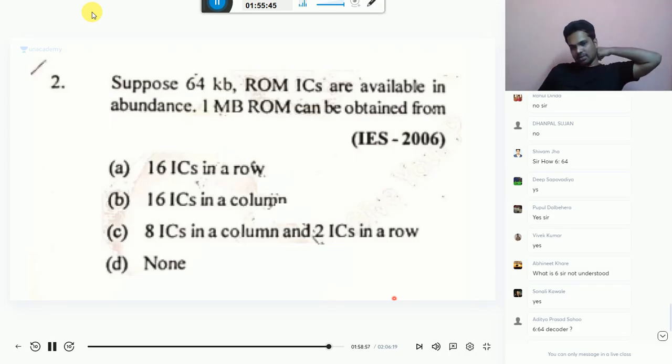One special class at 10 p.m. for second, third years. They can come.